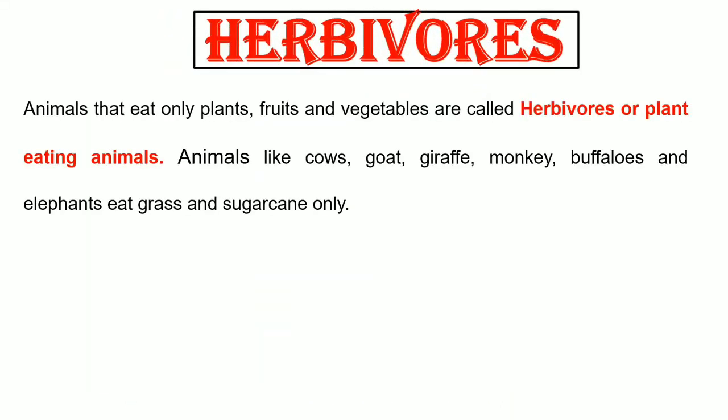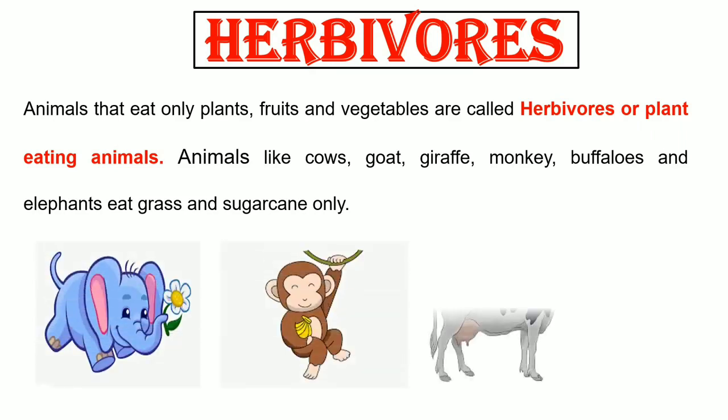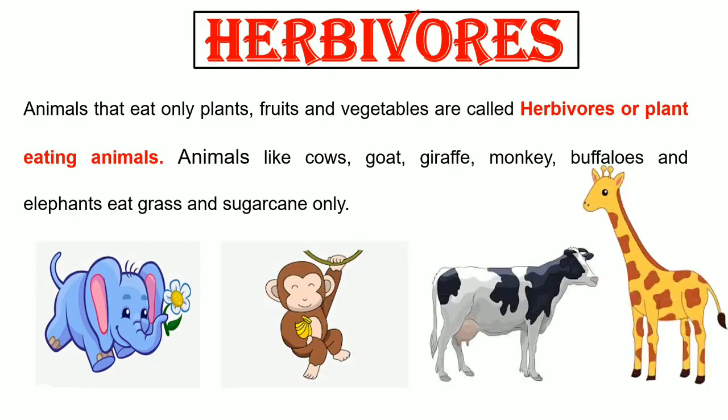Herbivorous animals. Animals that eat only plants, fruits and vegetables are called herbivorous or plant-eating animals. Animals like cow, goat, giraffe, monkey, buffaloes and elephants eat grass and sugarcane only. That's why they are known as herbivorous animals.